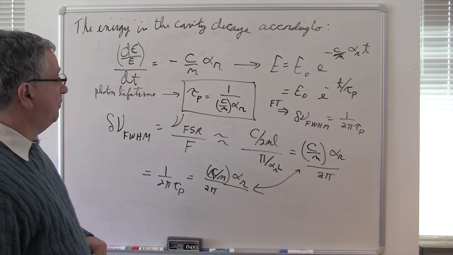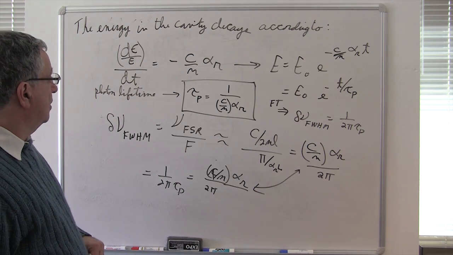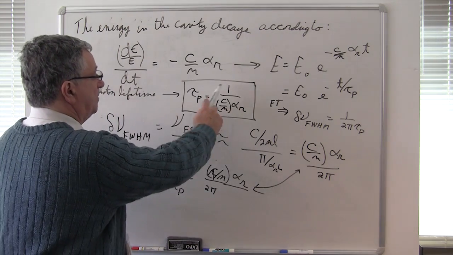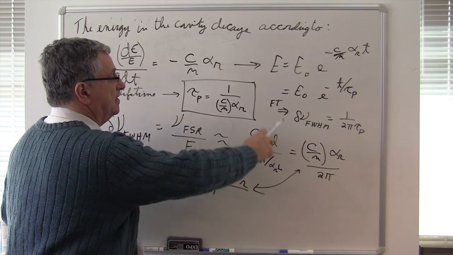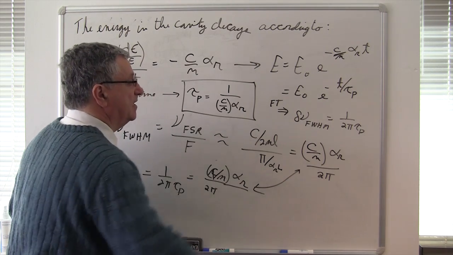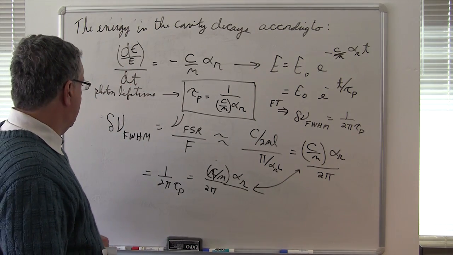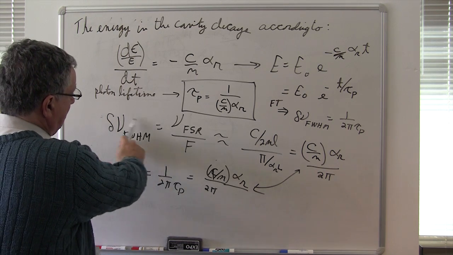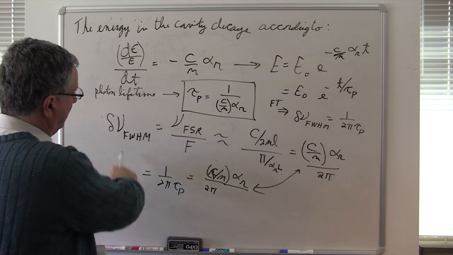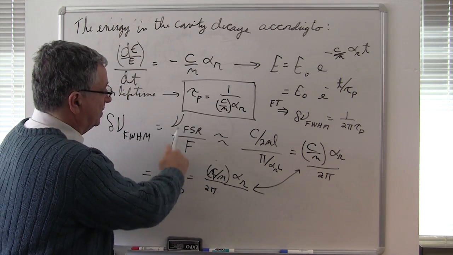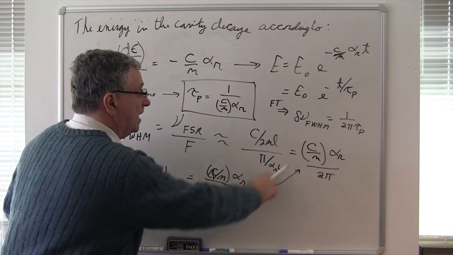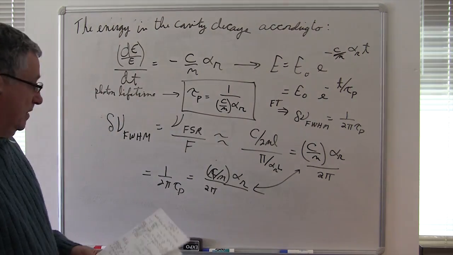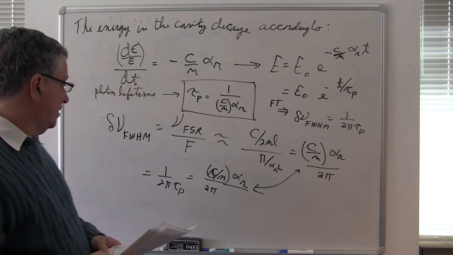So we found that the photon lifetime, if it is given by this, leads to a broadening in the frequency domain. And previously we have seen that the broadening in the frequency domain was just given by this expression here, and we have complete agreement between these two expressions, as we should, of course.